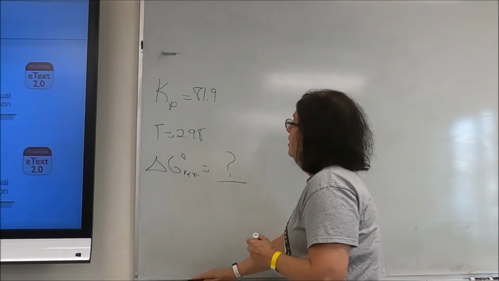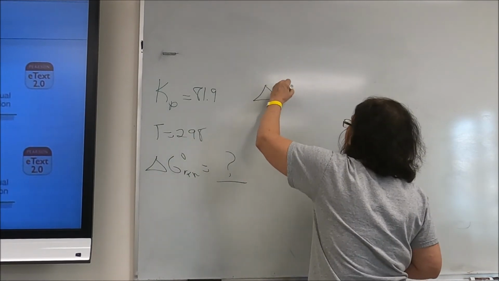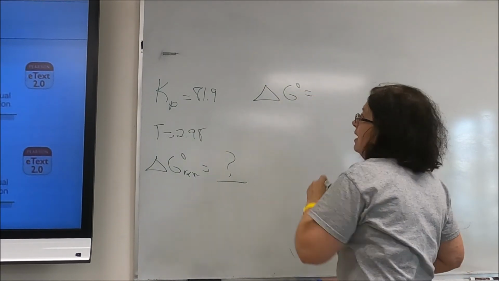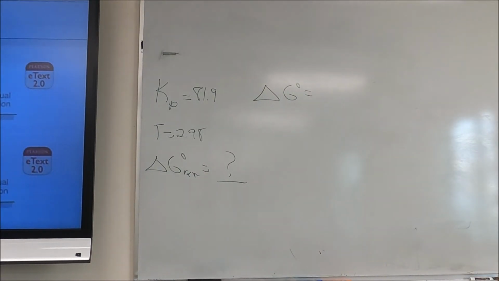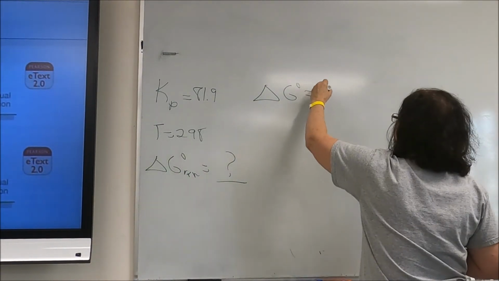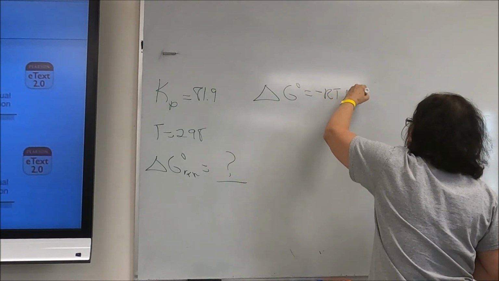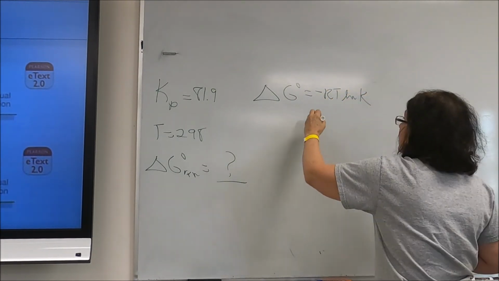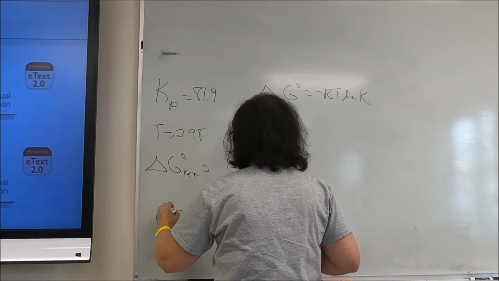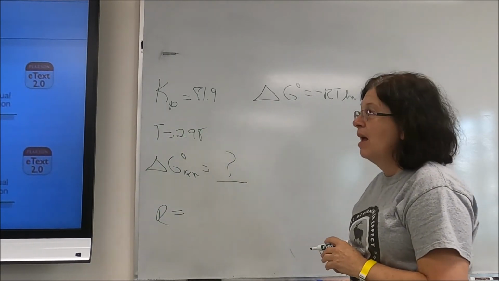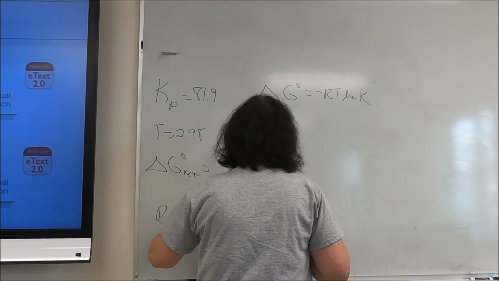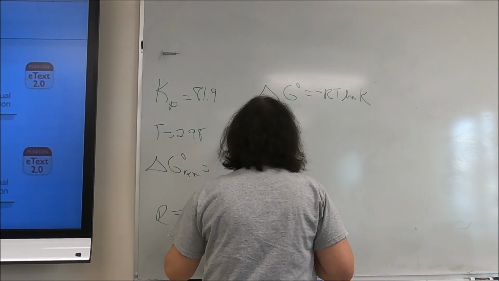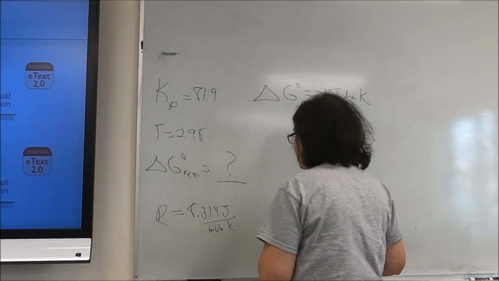Now, the equation we're going to use is that delta G0 is equal to minus RT ln of K. R is the gas constant, but this time we want it in terms of joules, so it's 8.314 joules per mole Kelvin.